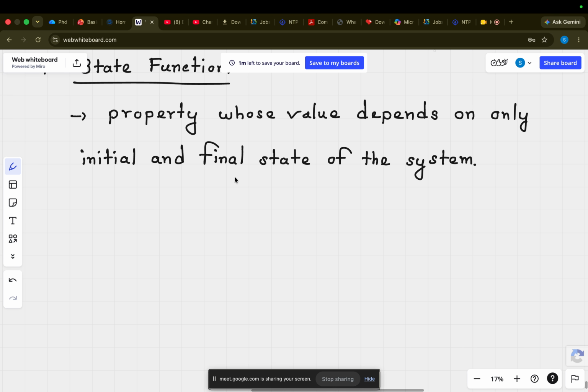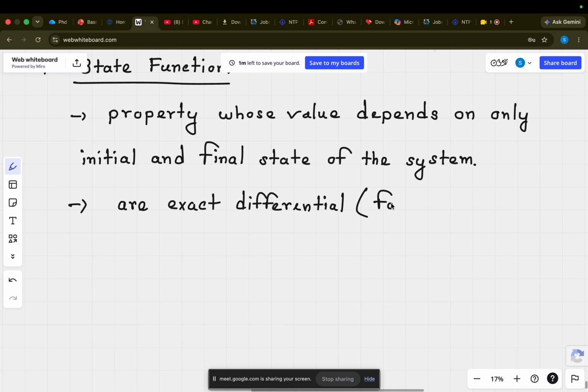And state functions, second point, write down these state functions are exact differentials. And if they are exact differentials, what? They will follow which rule?